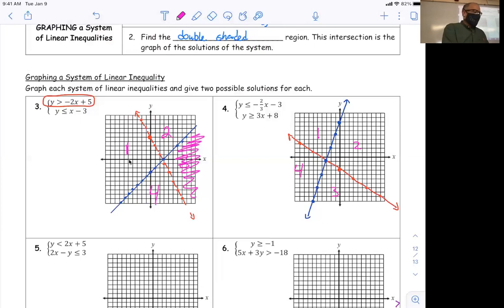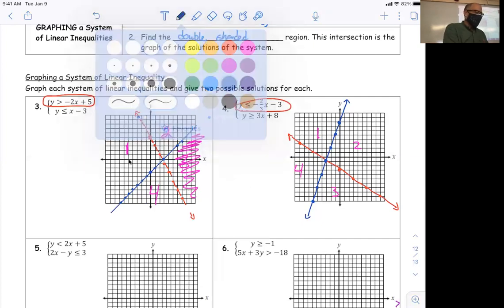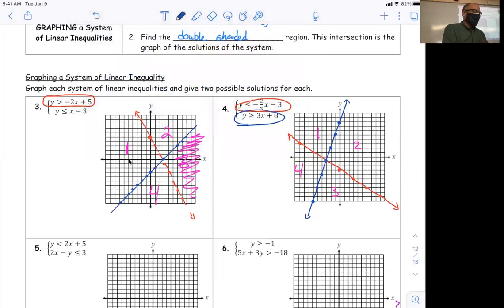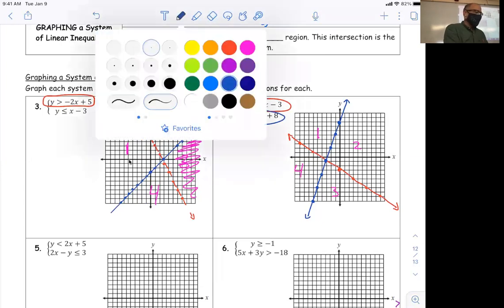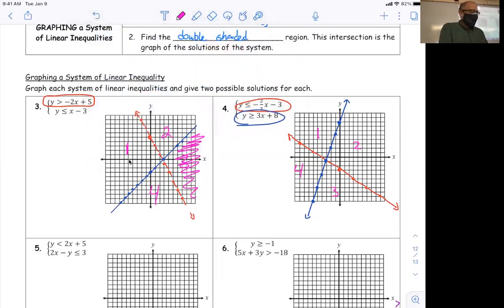If we go back and look here, this one was my red line. This equation was my blue line. So I want to shade where for the red line? I want to shade below the red line. So that means I'm looking at either 3 or 4.